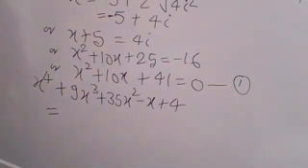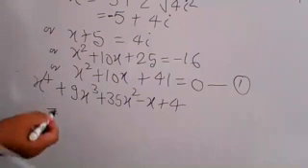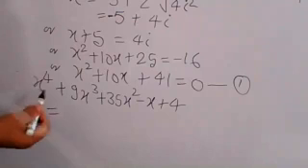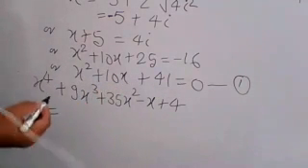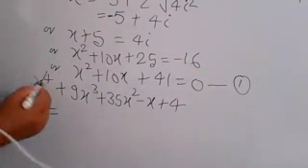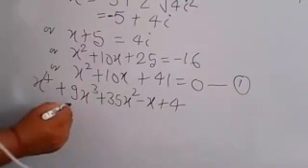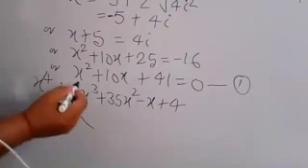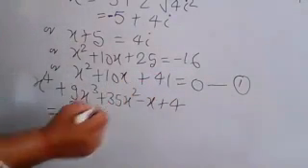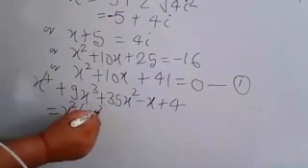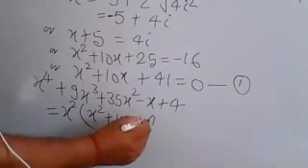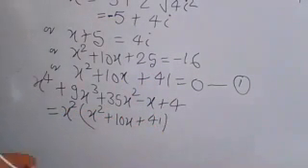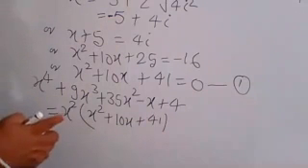So what you do here, you have x to the power 4, and in place of x to the power 4 you write x square into that equation which is in 1. So you write here x square plus 10x plus 41.